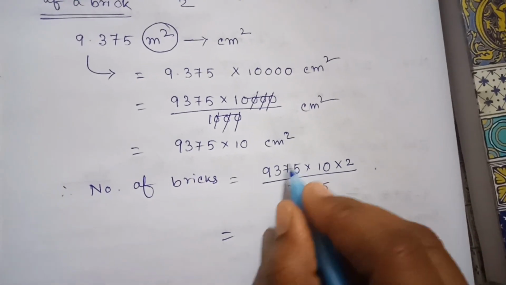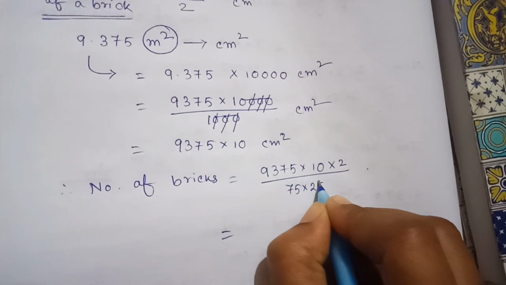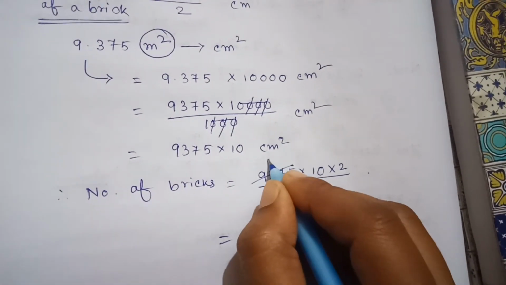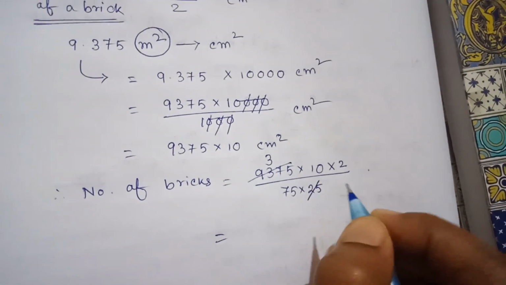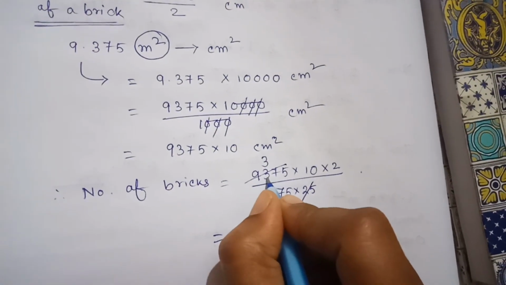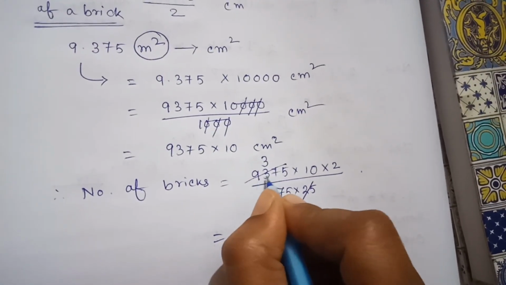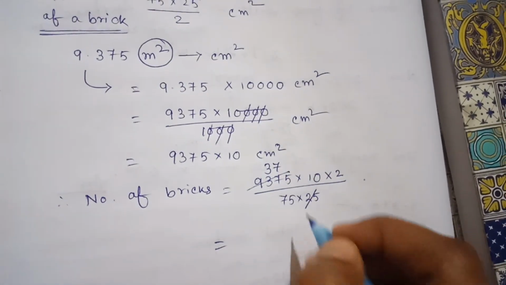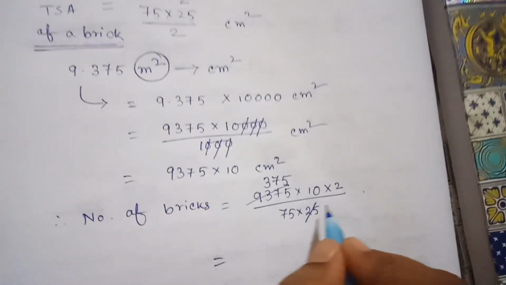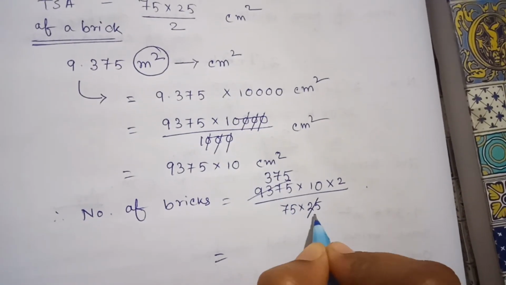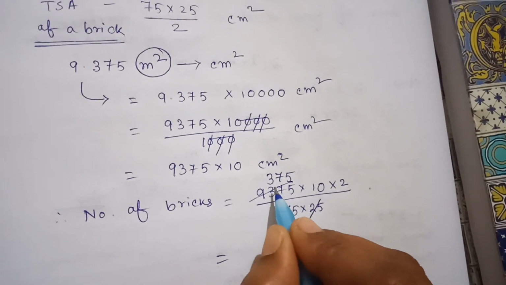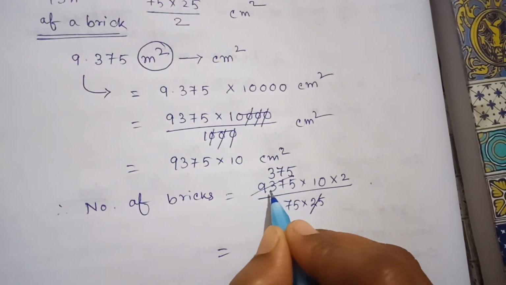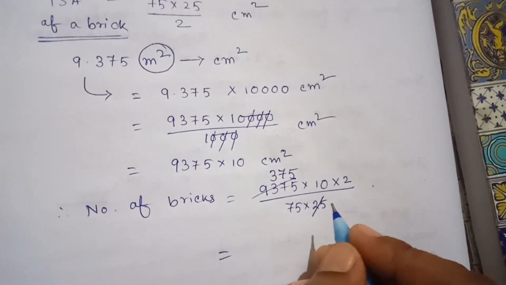We have to just cancel. We are cancelling with 25 first. 25 3s are 75. Then 9375, that means it's 187. You can cancel it with 5 and then again another 5. You will finally get 375, or you can directly divide it by 25.